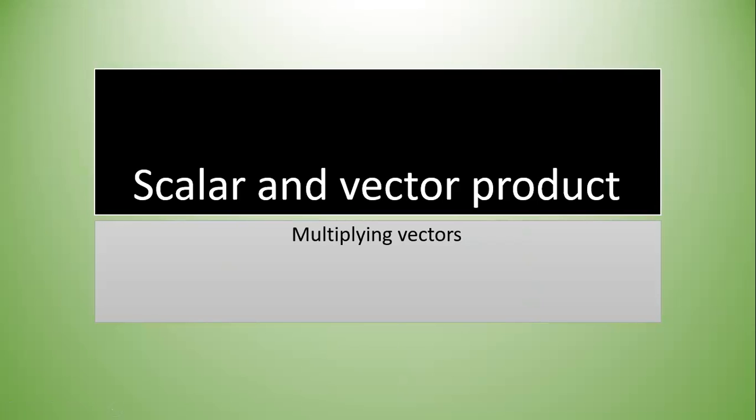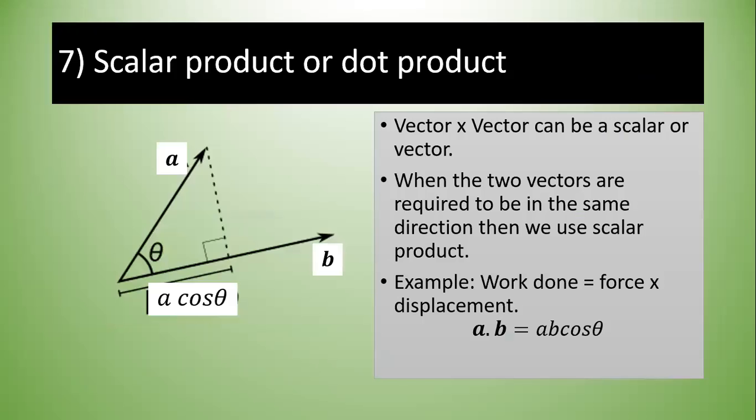Scalar and vector product. This one is not for A-level students, but if you are going to university to do physics, you will meet this more often. Rather than teach you Fleming's left-hand rule, with too many rules to remember, the scalar and vector products are easier. If it's a scalar product, or dot product, put a dot there.